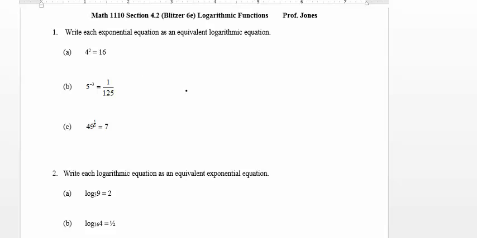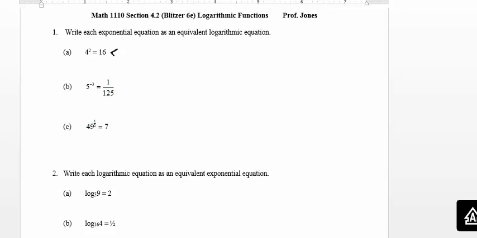Okay, so if 4 squared is 16, let's apply the exponential equation and write the equivalent logarithmic equation to each exponential equation.